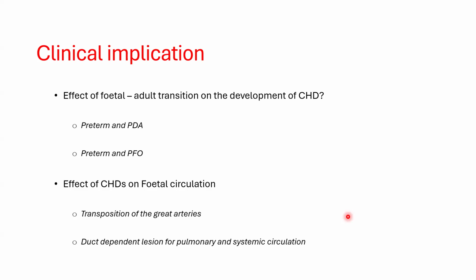So, for instance, if you have pulmonary atresia with a VSD, the only way you will survive is if you have a ductus arteriosus or a PDA, because blood from the right ventricle will go across your VSD to the left ventricle, up the aorta, and the only way you would get some pulmonary circulation is if you have a PDA that shunts the blood from the aorta into the pulmonary artery.